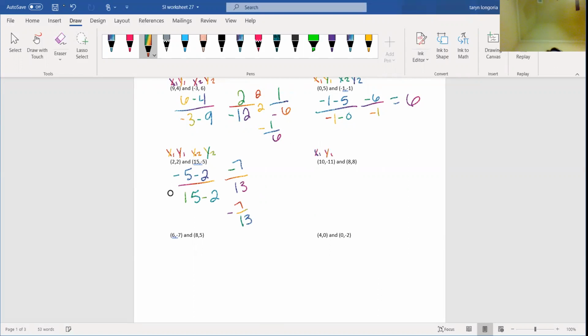Label it again. You have 8 minus -11 and 8 minus 10. So you have 8 plus 11, because if it's like these, it'll end up just being a plus sign. But like I said, plug it into your calculator to make sure. Then -2, so your slope will be -19 over 2.